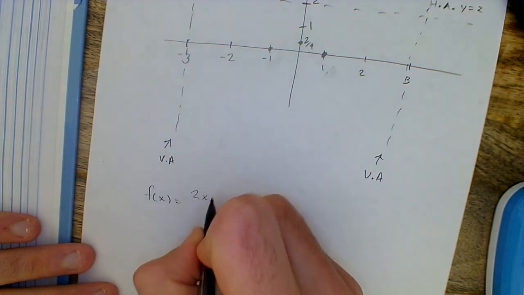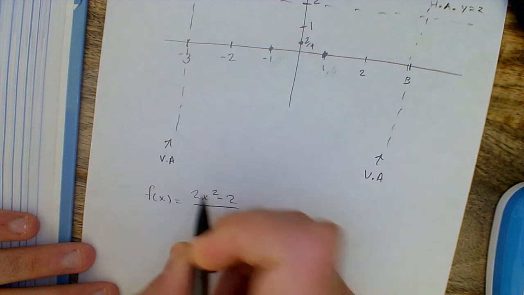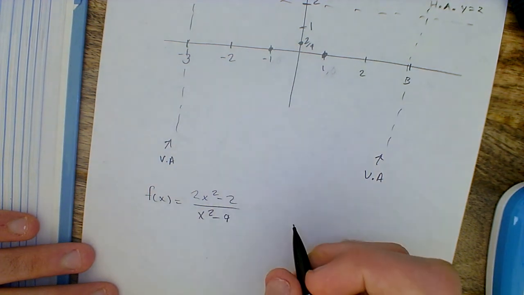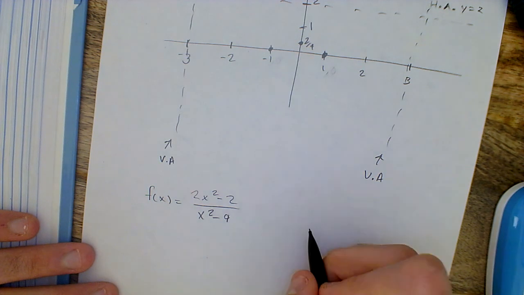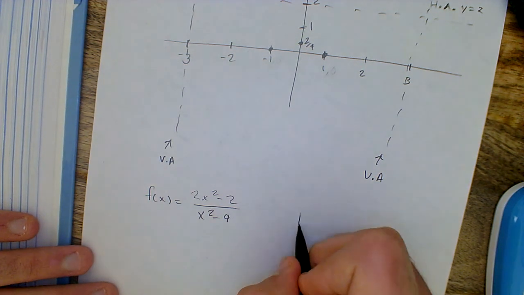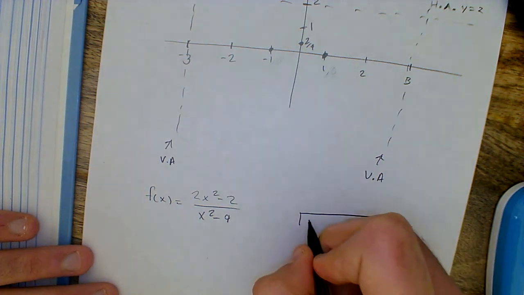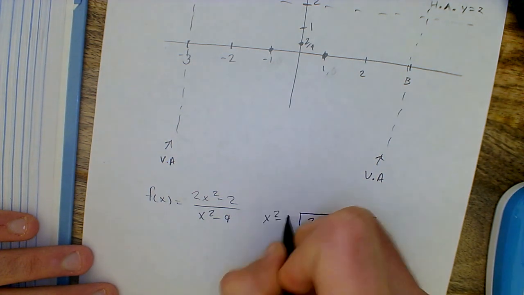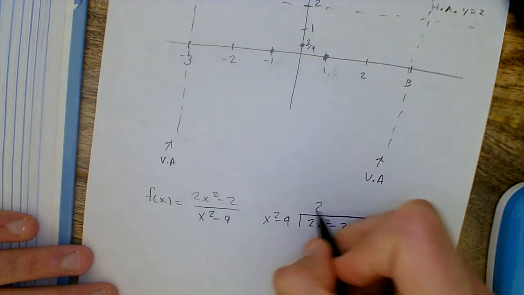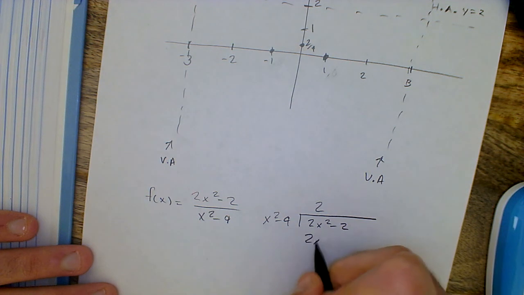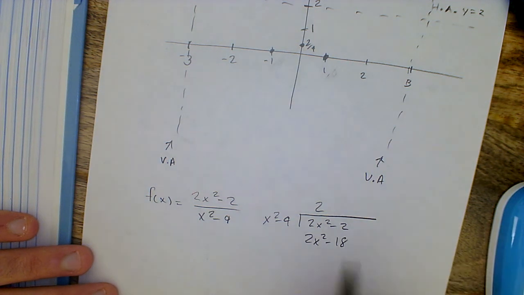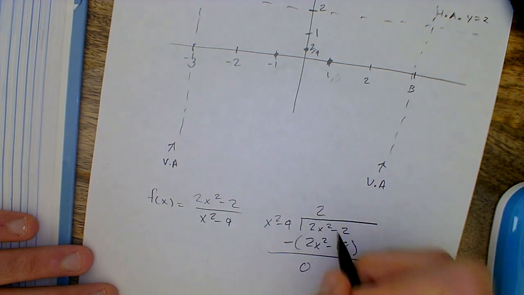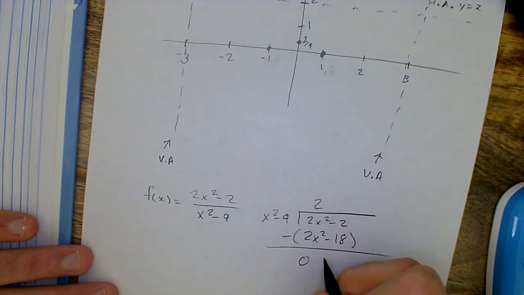So I take the original f of x, and it equals 2x squared minus 2 over x squared minus 9. So using long division, I'm going to divide this. I just need to multiply x squared minus 9 by 2 to get 2x squared minus 18. So now I'm ready to subtract those off.